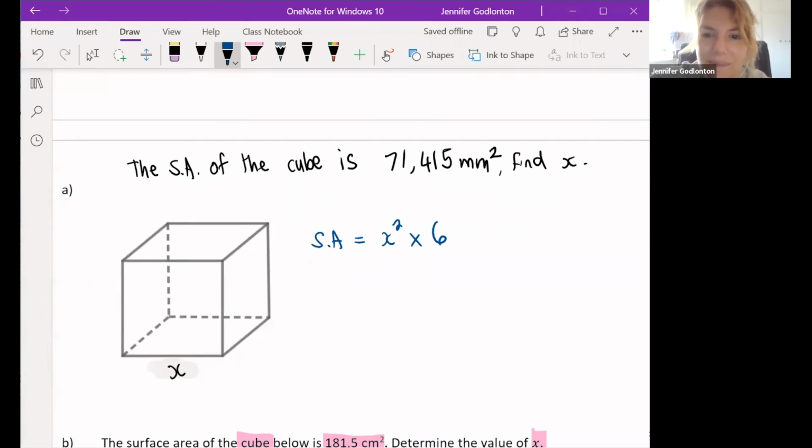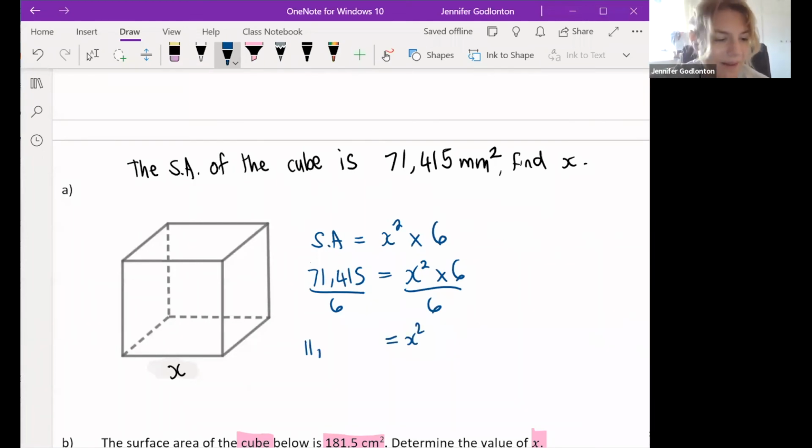Then you say 71,415 equals x squared times 6. Good. And then since we want the x squared alone, we divide by 6. Good. Then you're going to get an answer of 118402. So I think something just happened with your dividing there. 71,415 divided by 6 gives us 11,9025.